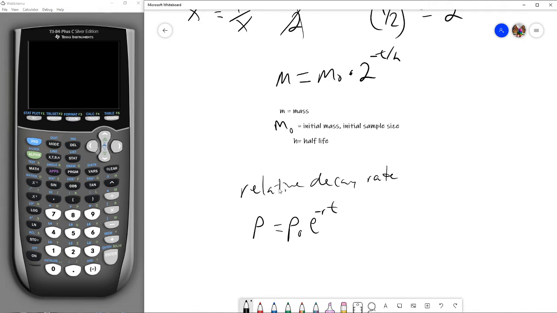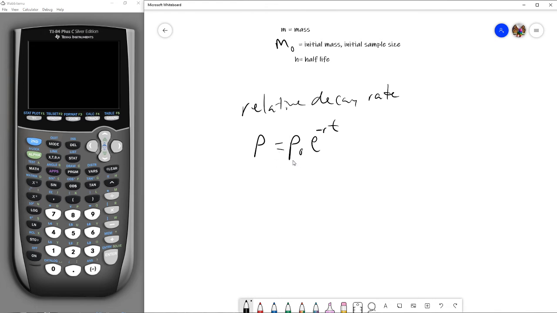So r is now going to be a negative r. And with the inclusion of that negative, that will guarantee that our sample size will be decreasing. So we could replace these with m's if we want. So the mass is equal to initial mass e to the negative rt. But it's pretty much the same equation as before.